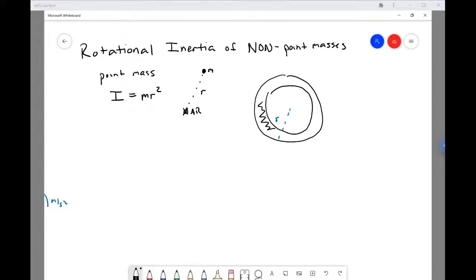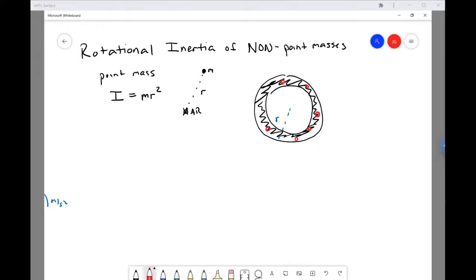But this wheel has mass everywhere. So there's a little piece of mass here, a little piece of mass here, a little piece of mass here, and you could do something called discretization.